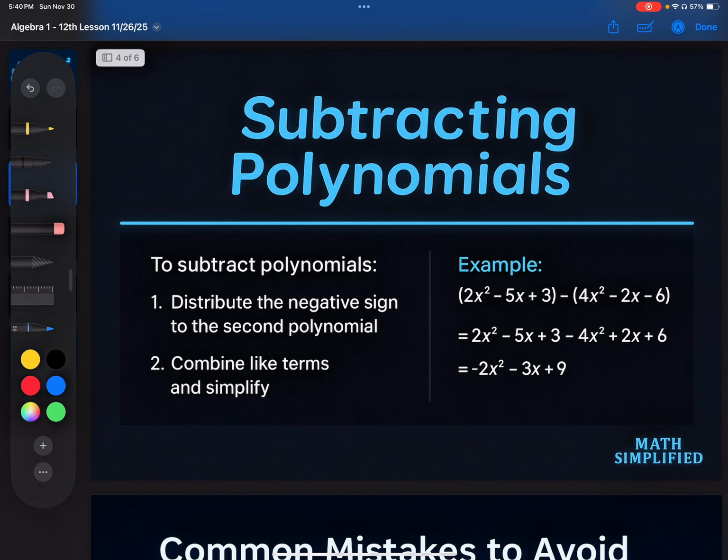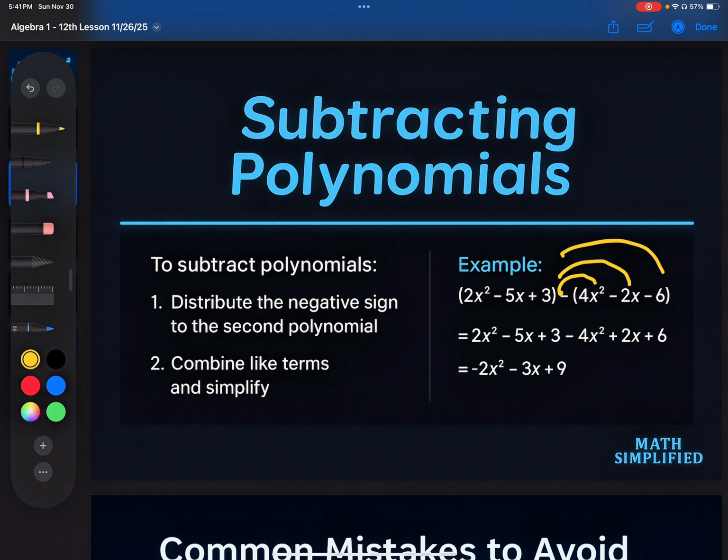All right, how about subtracting polynomials? To subtract polynomials, distribute the negative sign to the second polynomial, combine like terms, and then afterwards simplify. So here we have 2x squared minus 5x plus 3. So if you notice here, we have a negative sign. So what we do to that is just distribute the negative sign to each one of these terms.